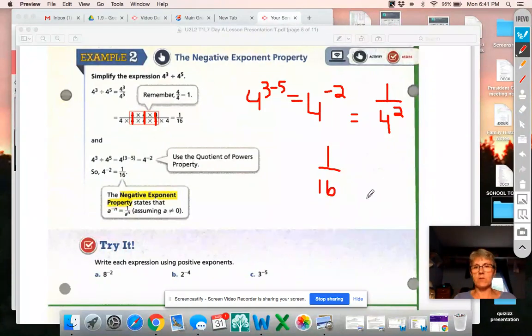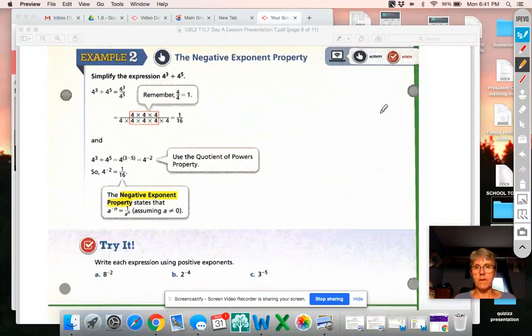And I'm going to do that a little bit differently and show it to you again. You take any number and raise it to a negative exponent. That is the same as taking that same base, moving it to the denominator, and giving it the positive exponent.